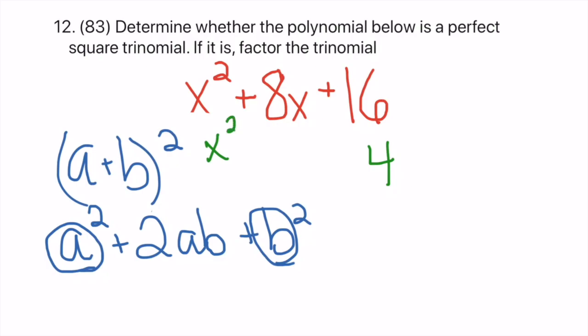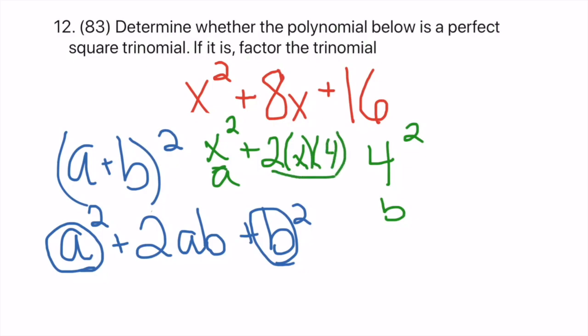So we can rewrite that as x squared and 4 squared plus 2, and this is our a, and this is our b, so times x times 4. And if we multiplied this out, we would get 8x. So it looks like it does fall into that pattern. So this is a perfect square trinomial.